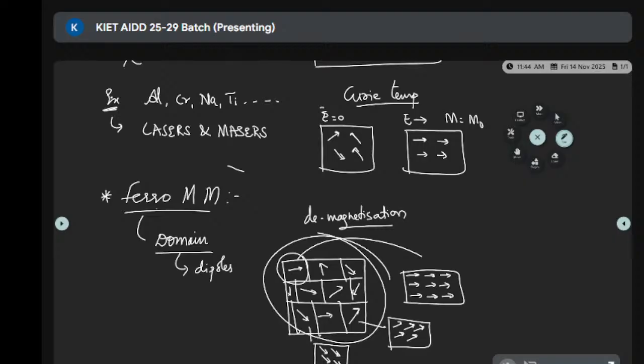But when you compare the orientation of all, the materials will possess some amount of magnetic moment. They show some amount of attraction. Now when an external field is applied to this, what happens? The domains which are randomly oriented, see the diagram.